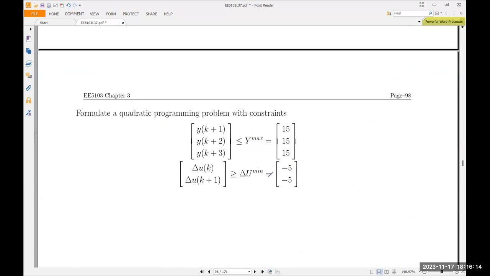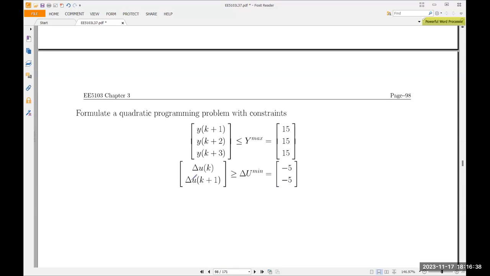And the delta U must be greater than the maximum negative force, the braking force, which is -5. So you cannot be -6. It's minus because it's braking force, and it's positive if it is accelerating force. So it just makes sense.